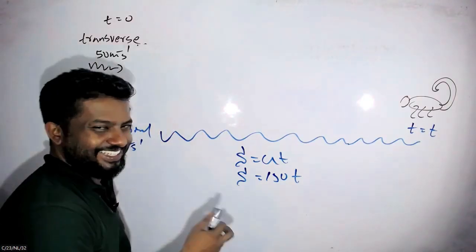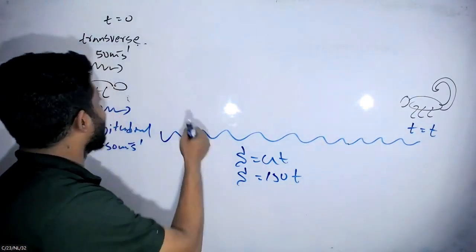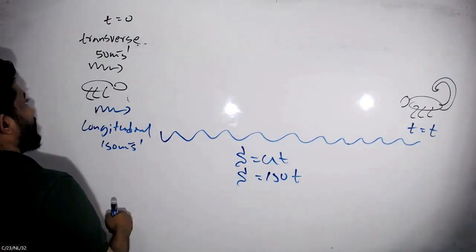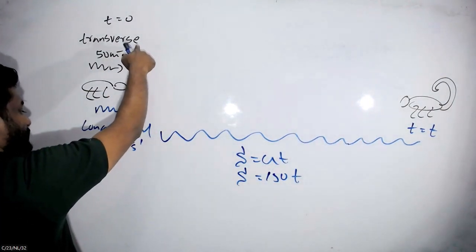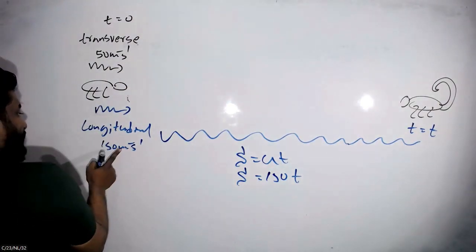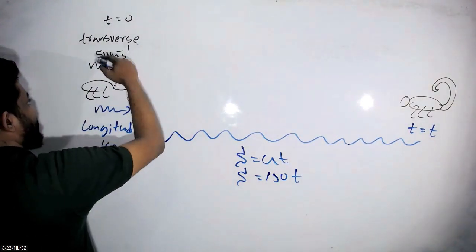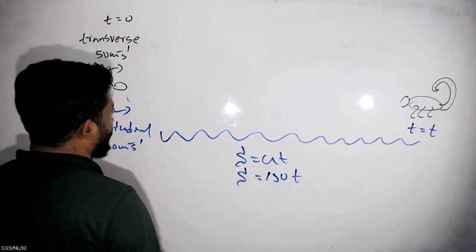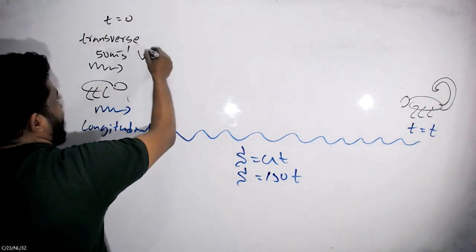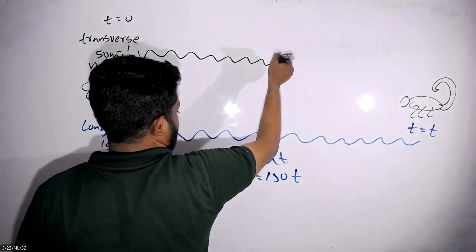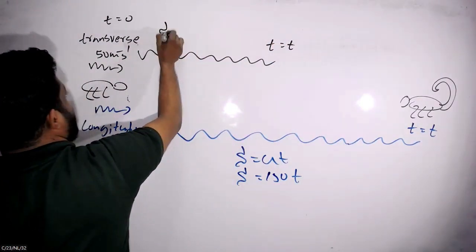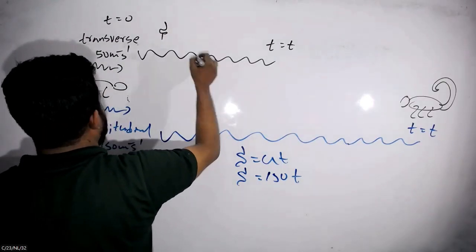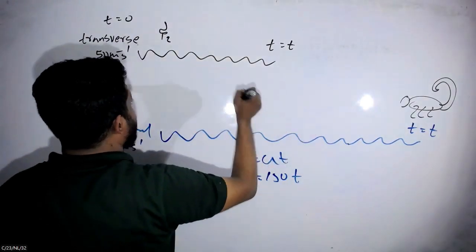Pute, during the same time interval, this transverse wave will move a shorter distance. What is the reason? The speed of this transverse wave is less than the speed of the longitudinal wave, no? Therefore, this transverse wave will move a shorter distance during the same time interval t. And you can obtain an expression for this distance traveled by the transverse wave during the same time interval.